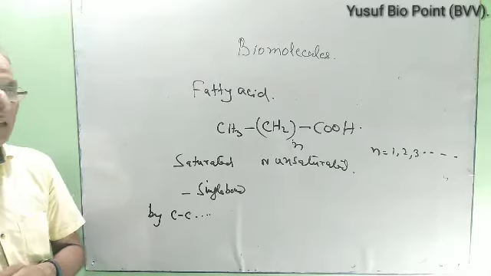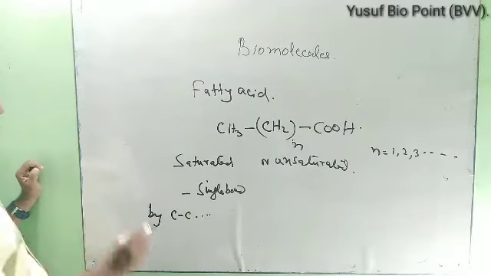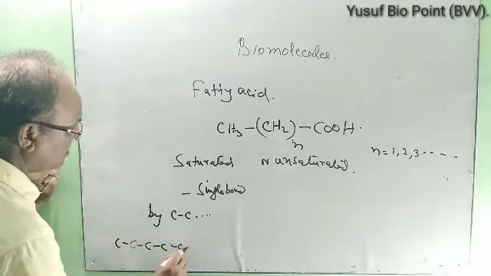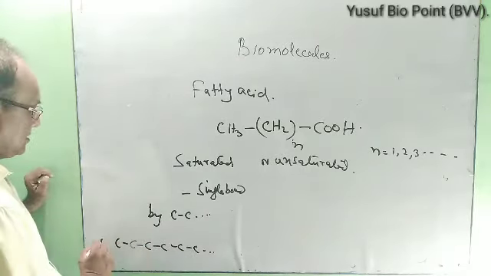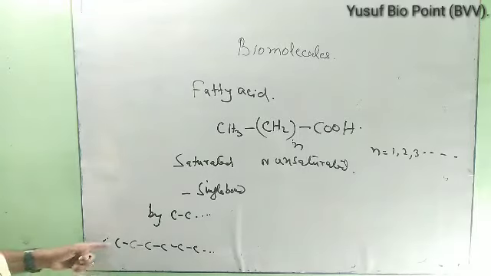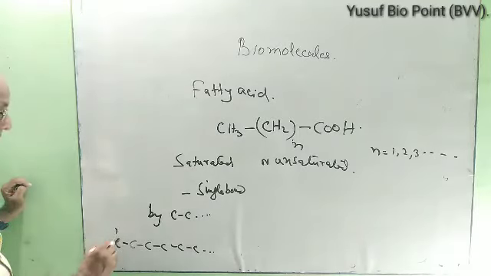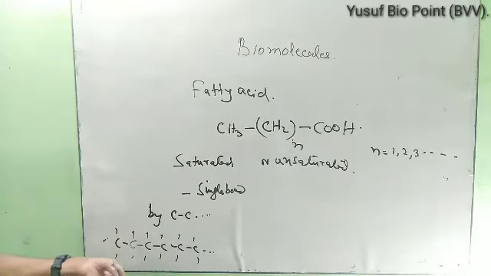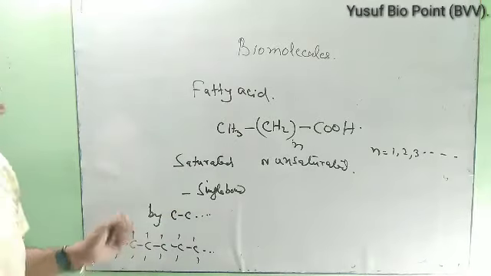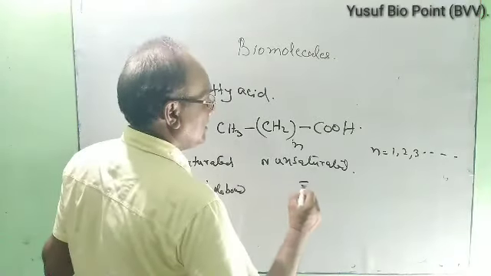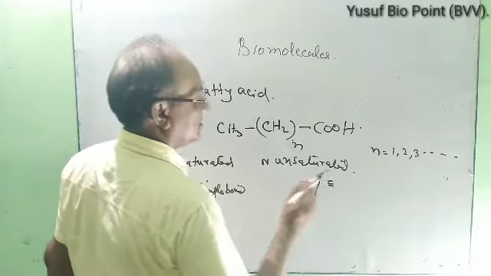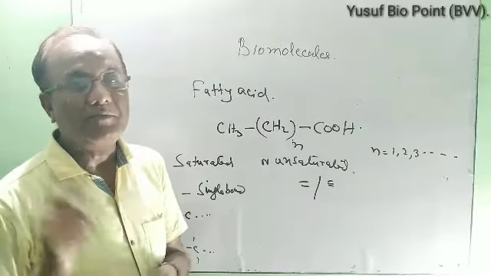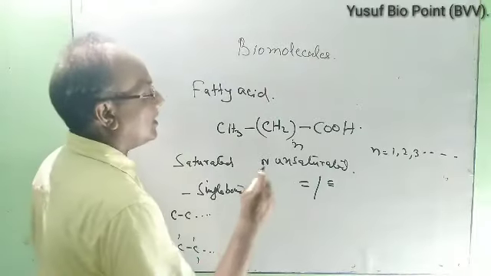If only a single bond is found, as for example like that, there is only a single bond between the carbons, then it is called saturated. If there is any double or triple bond, mainly double, found between two carbons, that is called unsaturated.